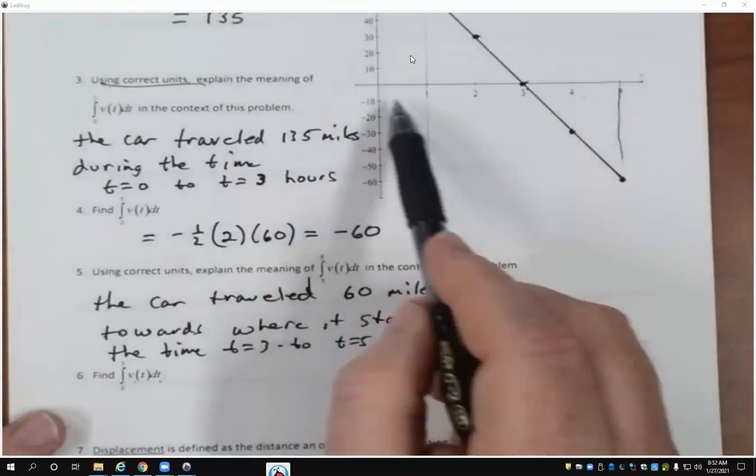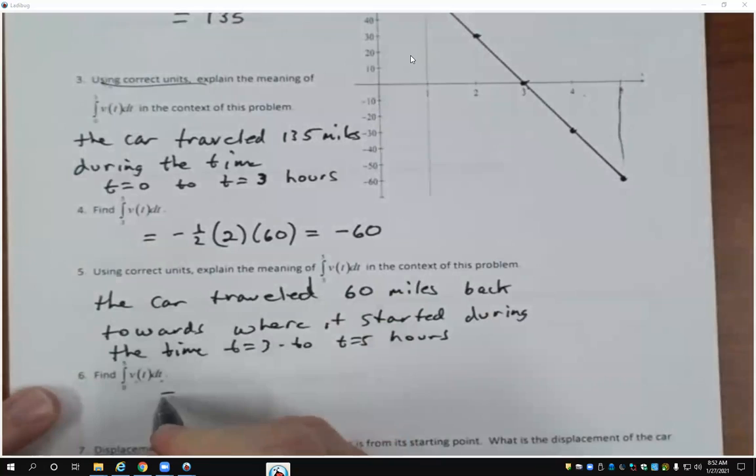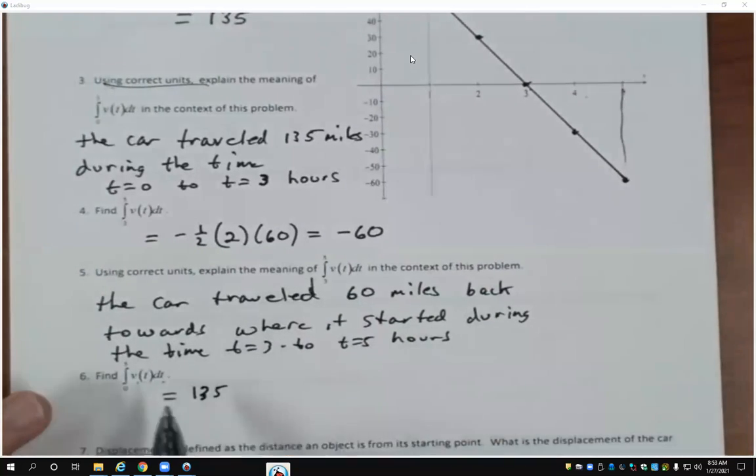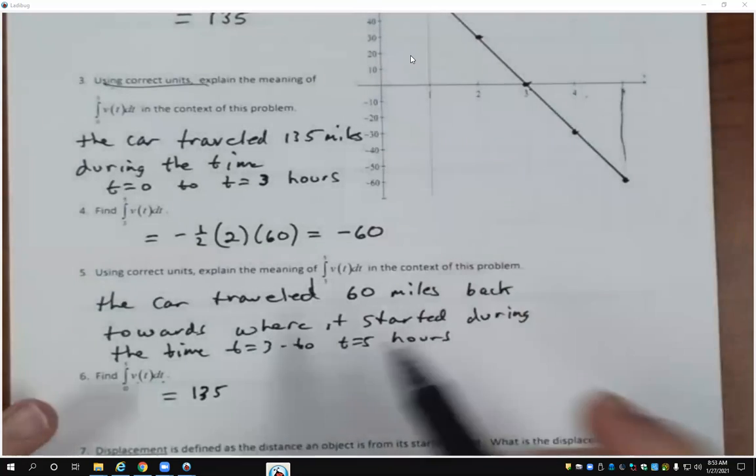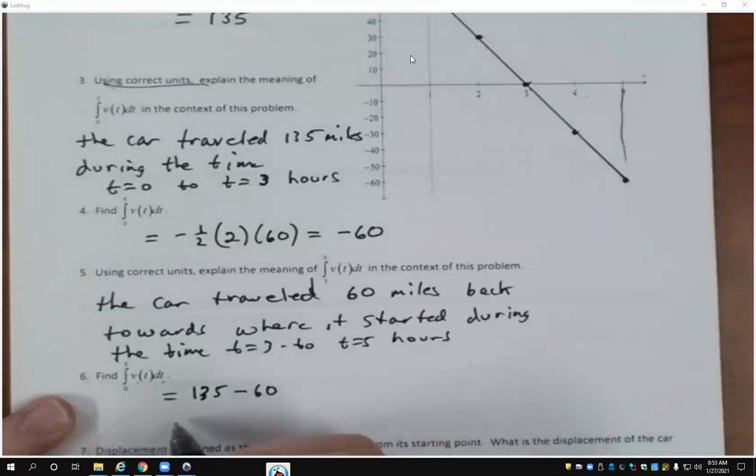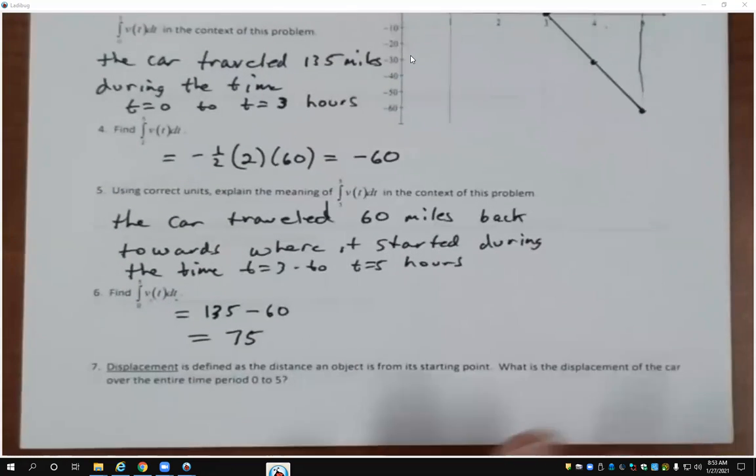Well, from 0 to 3, we got 135, and from 3 to 5, we got negative 60. We add that up and we get 75. So 75 miles is our displacement.